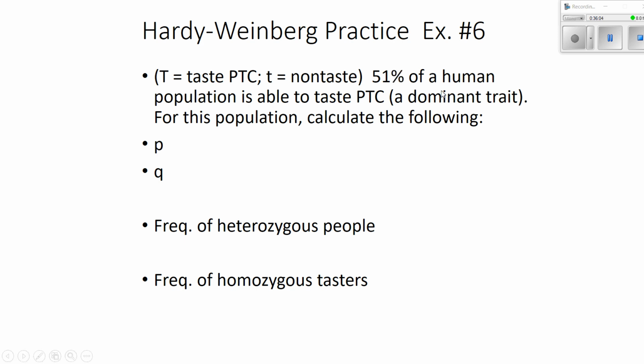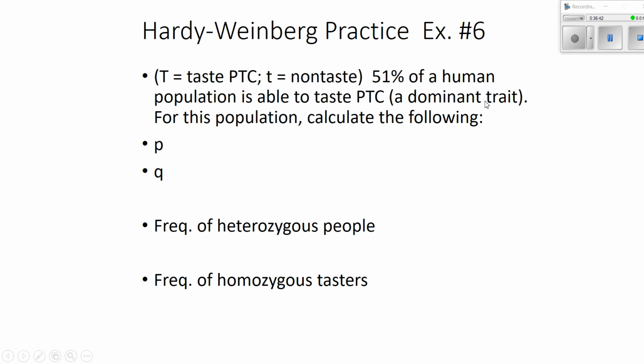All right, now let's see if you did it correctly. What are they giving me? They're telling me the percent that shows the dominant trait. That doesn't really help me because I need to find Q. My goal is to always find Q first. If 51% show the dominant trait, that means 49% of the humans must be homozygous recessive, the non-tasters, the little t people.